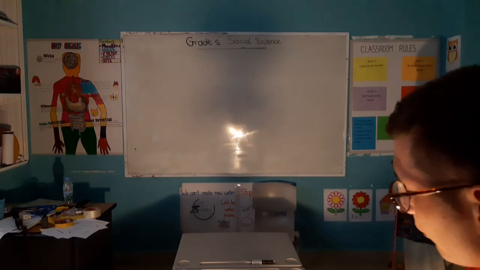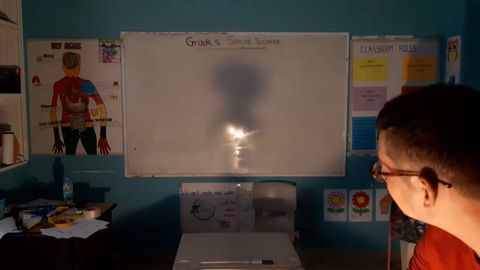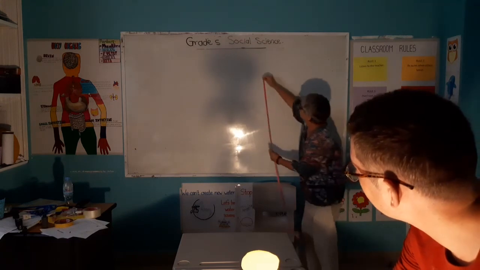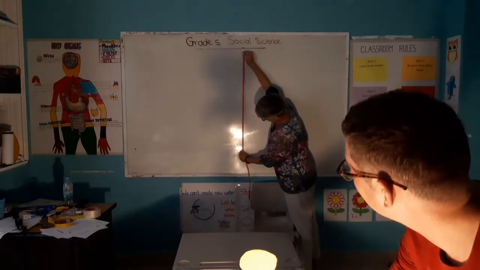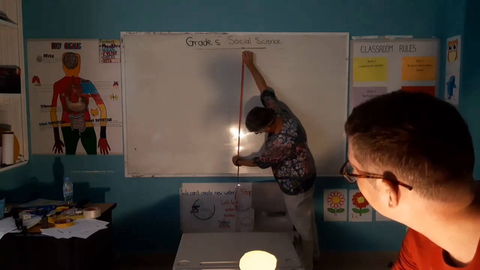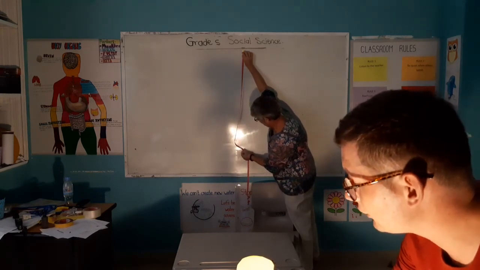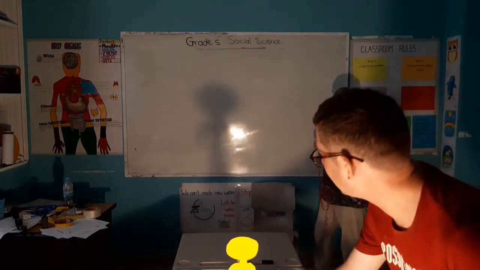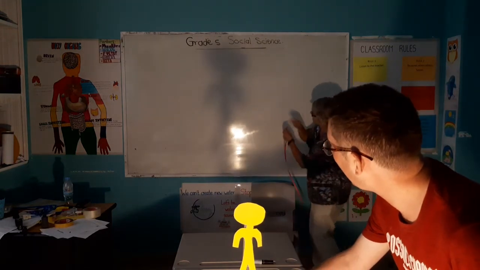But what if we put it at 60 centimeters? Teacher Lani, can you measure that for us? It is 92 centimeters. But what if we put it at 80 centimeters? How long is it then?